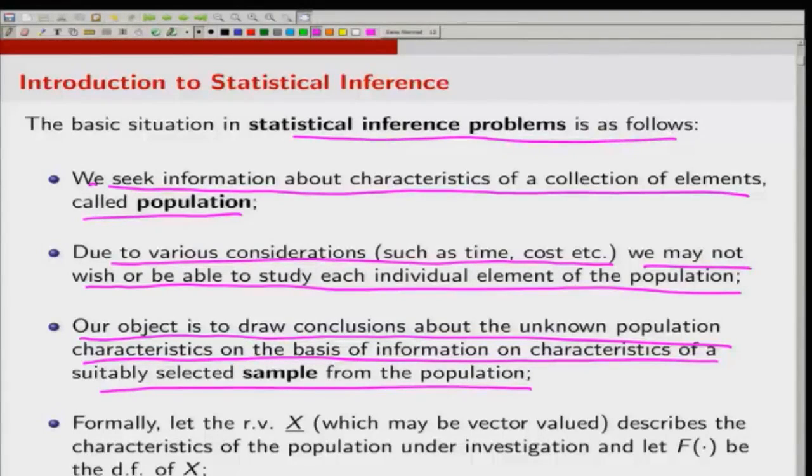Based on this sample, we try to make inferences about the unknown characteristics of the population. So, formally, let the random variable x, which may be vector valued, describe the characteristics of the population under investigation, and let f be the distribution function of x. So, if I have a population whose characteristics x have a distribution function f.